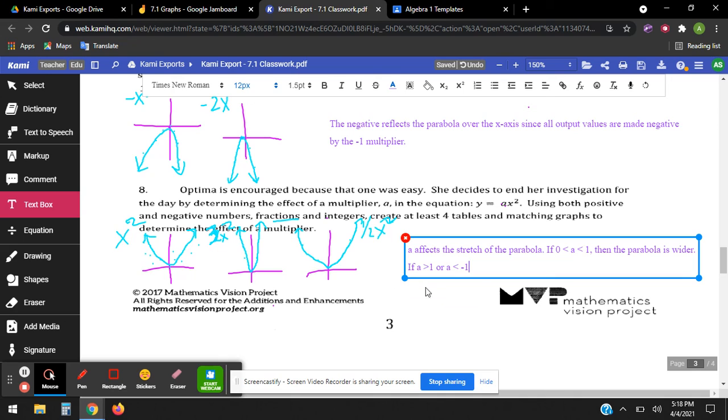So anything bigger than 1, so it's not a fraction, smaller than -1, so it's not a fraction, will make the parabola skinnier or narrower than x squared. Yeah, so there we go. Fractions made it wider. Any of those things make it narrower.